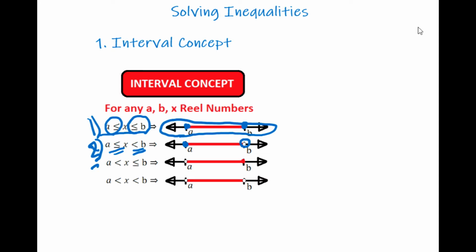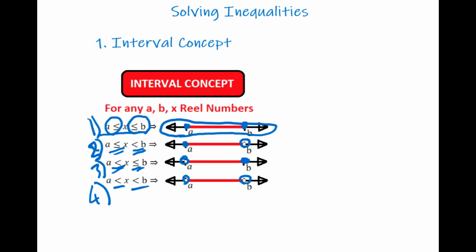And if you look at the third case, on the A side there is no equal symbol. That means there is a circle and the inside is not filled on this part. On the B part there is equal, so the circle is filled on B. And in the fourth case, as you can see, there is no equal symbol. That means on both A and B there are no filled parts.